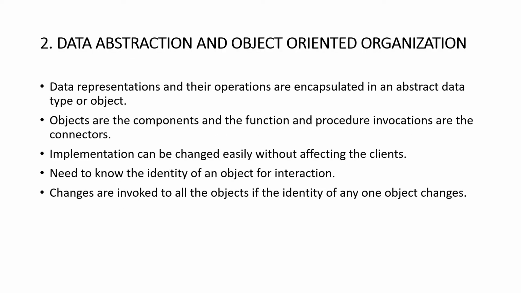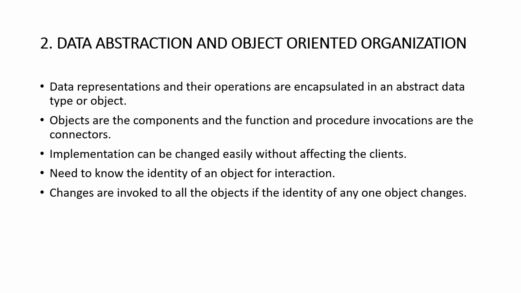The next style is data abstraction and object-oriented organization. Here, the data representation and their operations are encapsulated in an abstract data type or object. In this style, the objects are the components and the function and procedure invocations are the connectors.